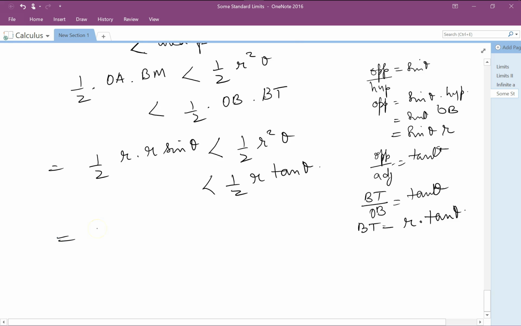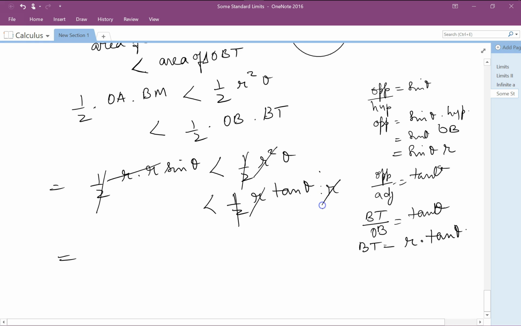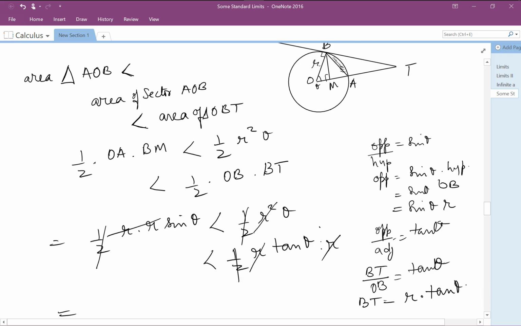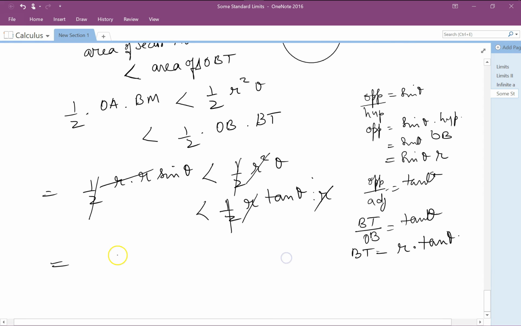Let's divide all the inequalities by half r square. R is already there in OB, so that gets cut off. OB is radius, so that is one r, and the other r comes from r tan theta. So what we end up with is sin theta is less than theta, which is less than tan theta.